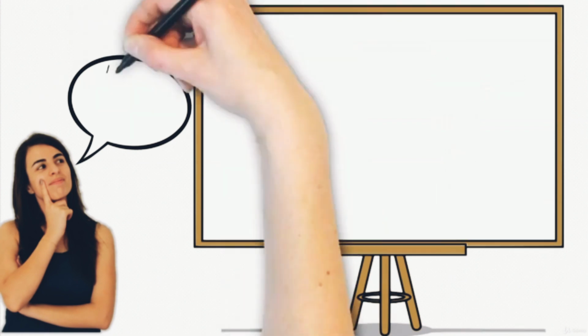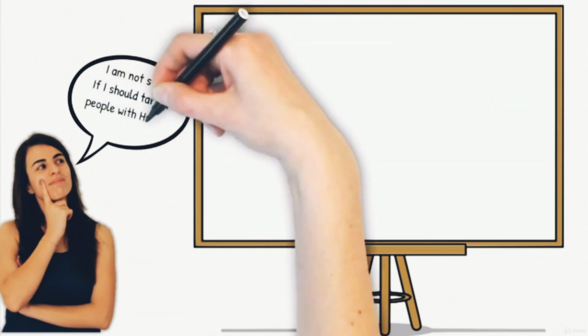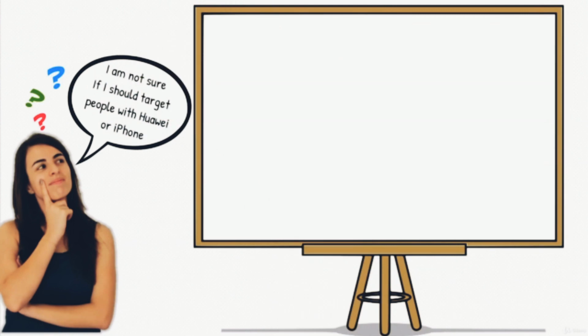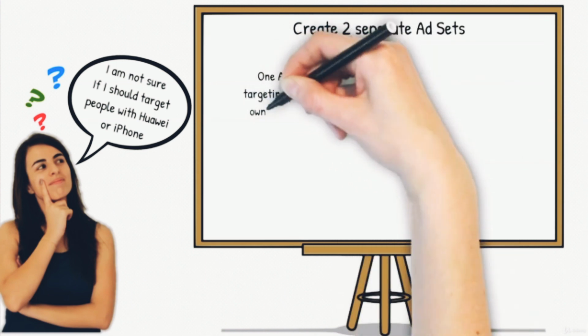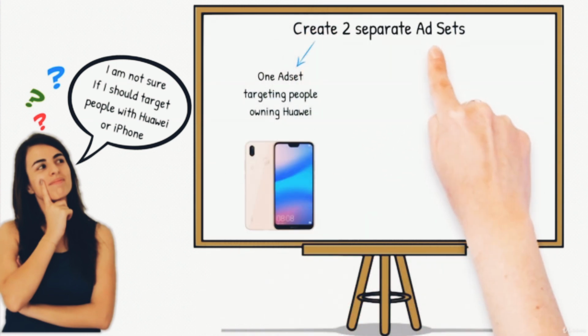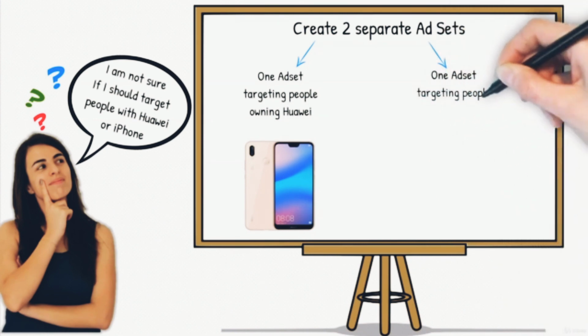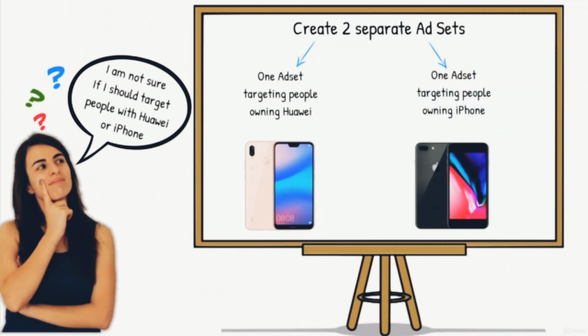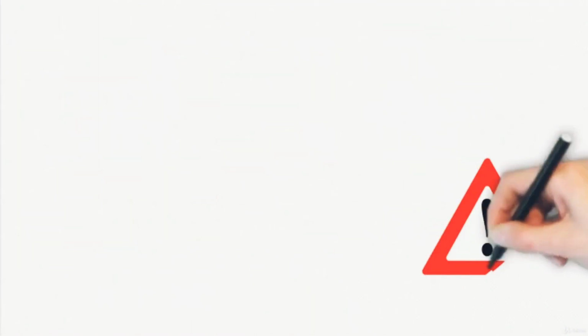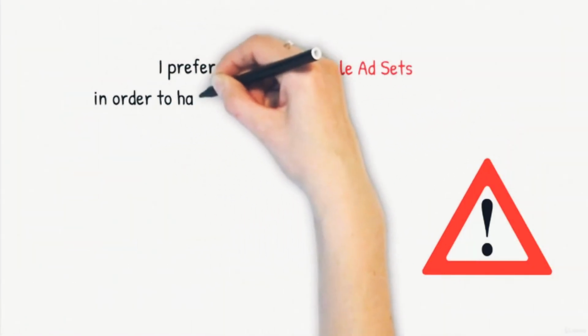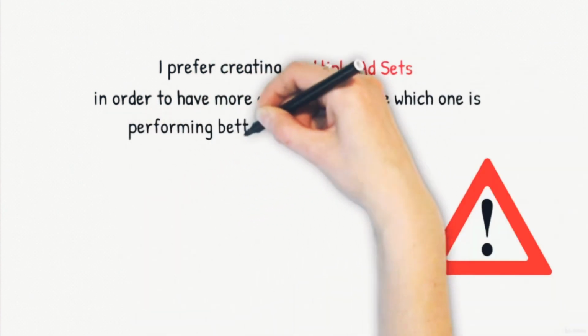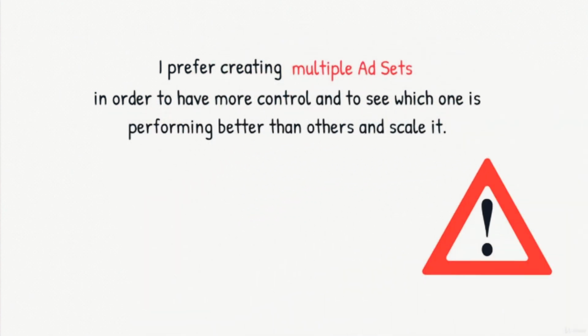Also, as another example, if I have a doubt that people having a Huawei will be more interested in my product than people having an iPhone, then I will create 2 different ad sets, each one targeting people having a specific phone, and see which one converts better, and then shut down or optimize the second one. Personally, I prefer creating multiple ad sets in order to have more control and to see which one is performing better than others and scale it.